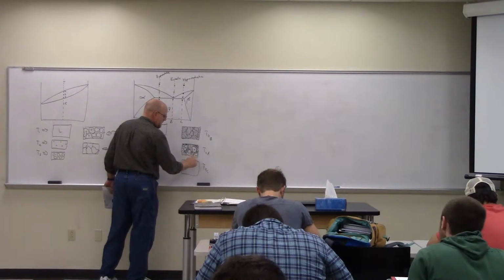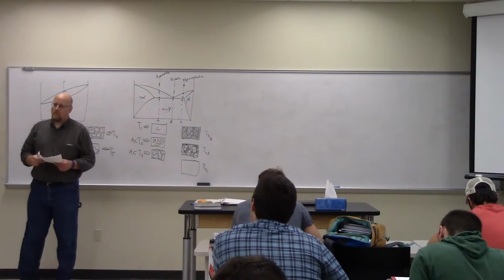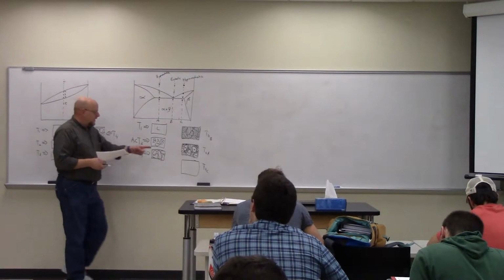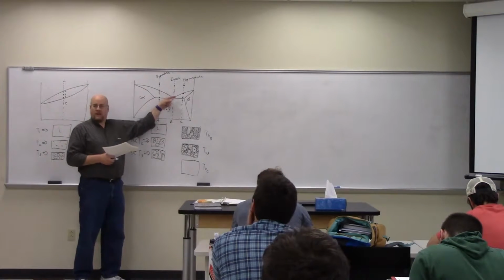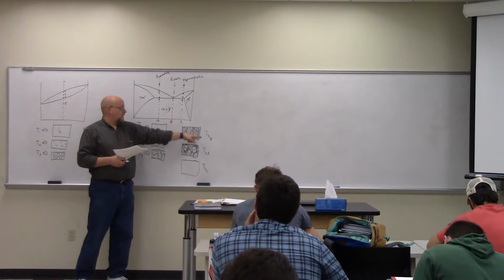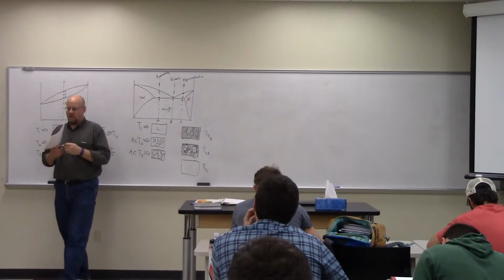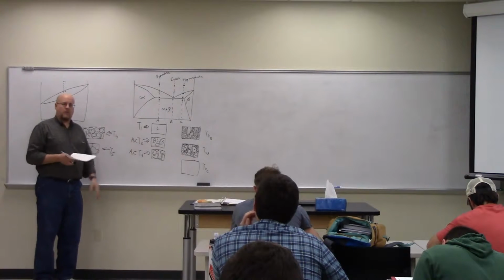Do you see what I'm saying? Because the liquid that existed over here was eutectic liquid. So when it goes through this temperature, it behaves the same way as the T4B material. It cools as a eutectic composition.